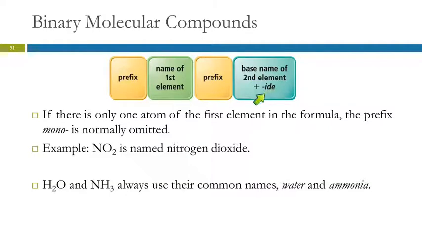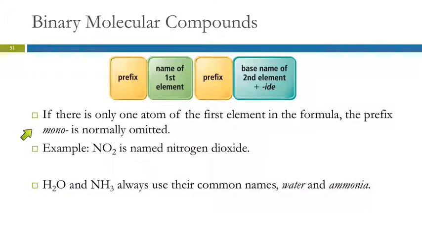And just like the monatomic ions for nonmetals, these elements are going to change the ending of their name to -ide. They're not ions, but they're still becoming part of this compound, and so they change the end of their name. There are a couple of oddities about how we do the prefixes, and the one that I want you to remember is this one.